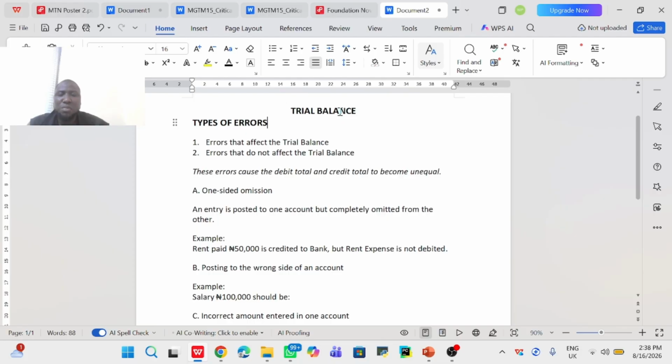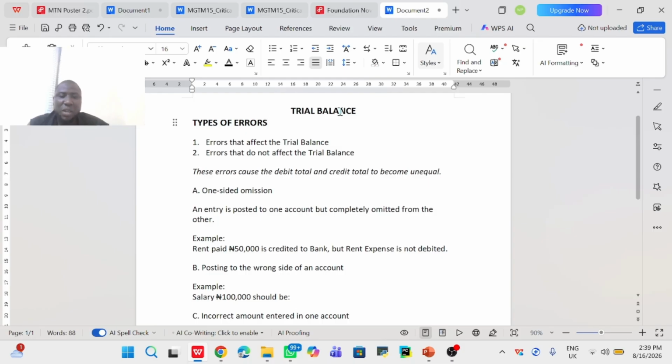Errors are what make your debit side unequal to your credit side, or your credit side not equal to your debit side. Those errors are divided into two: errors that affect the trial balance and errors that do not affect the trial balance.